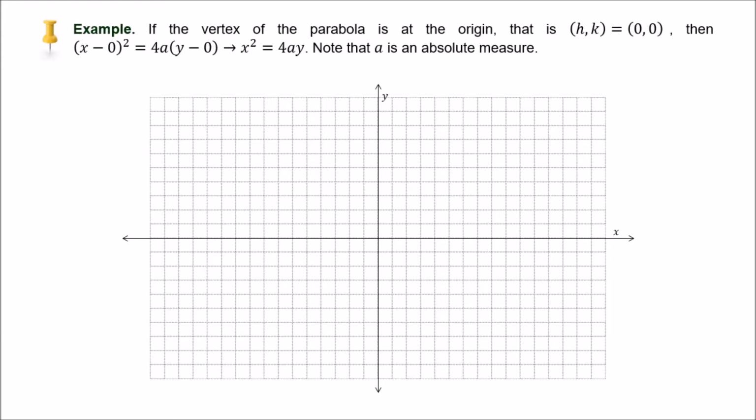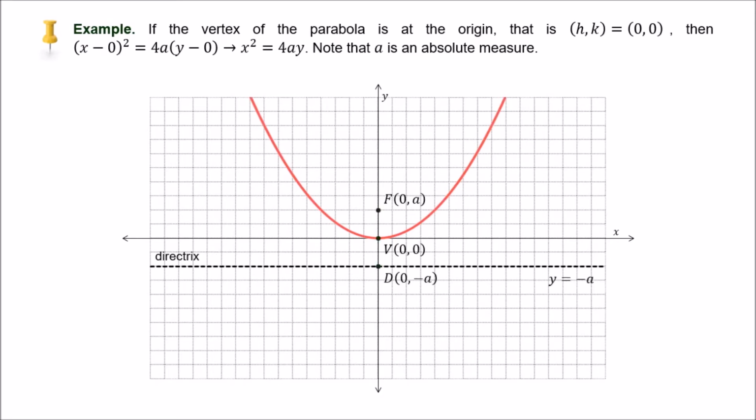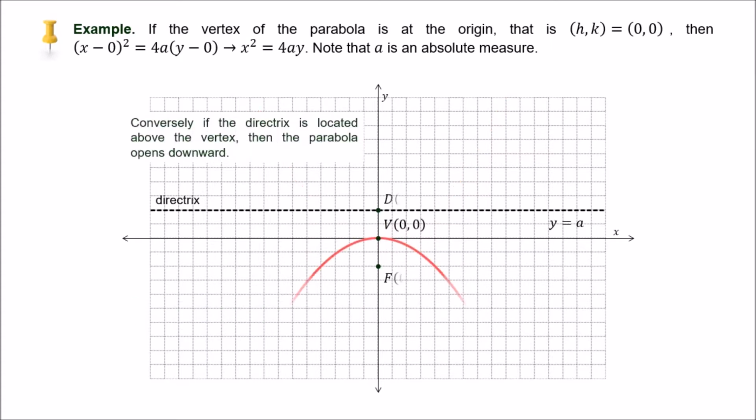One is that the parabola opens upward, and the other is that the parabola opens downward. For a parabola that opens upward, the directrix is below the vertex. Conversely, if the directrix is located above the vertex, then the parabola opens downward.